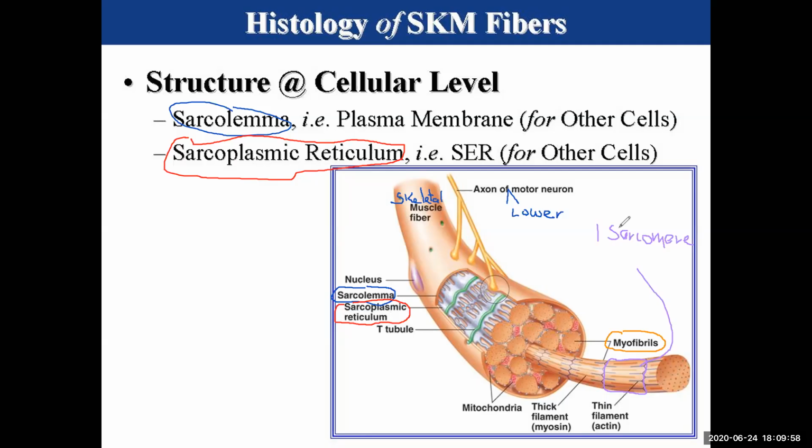Within each myofibril, it contains hundreds to thousands of these sarcomeres. When the skeletal muscle fiber contracts, each sarcomere becomes shorter. The length of each sarcomere decreases so that the entire myofibril also becomes shorter.